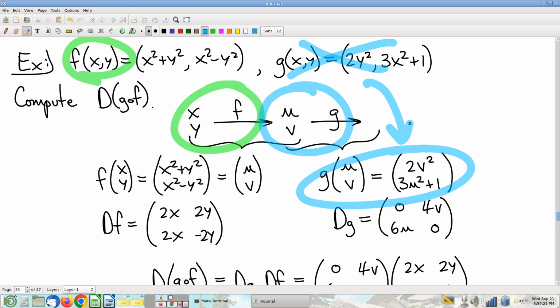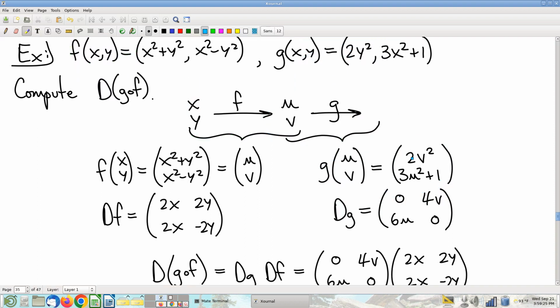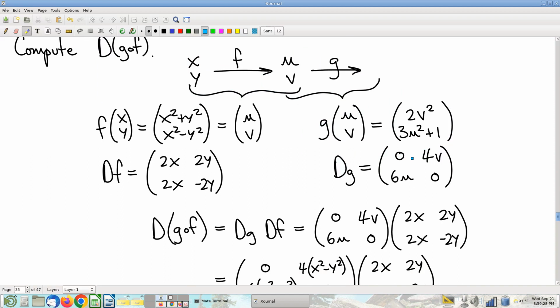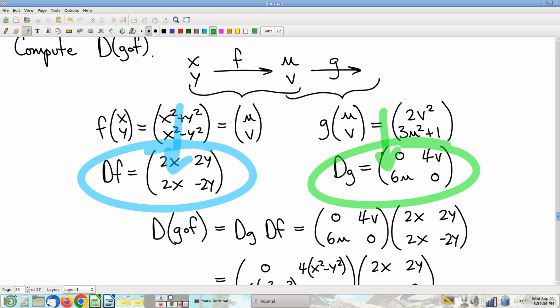And now, again, be as careless and sloppy as you like when you're writing down the chain rule. No problem. The notation will keep track of things for us. Here's the derivative matrix for f. Here's the derivative matrix for g. I just took the appropriate partials. I'm not keeping track of, wait a minute, where am I evaluating this?